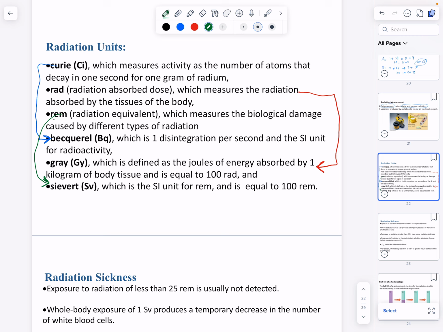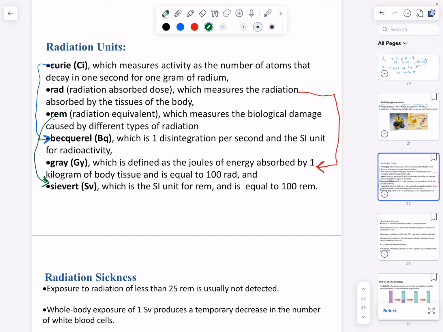What is the difference? The 3 on the top are just the imperial system, while the 3 in the bottom are the international system, or metric system. That's the only difference.